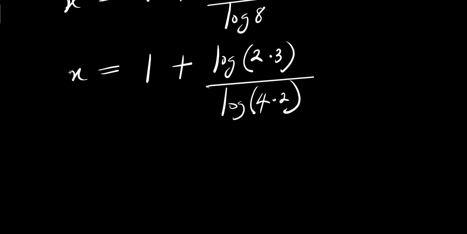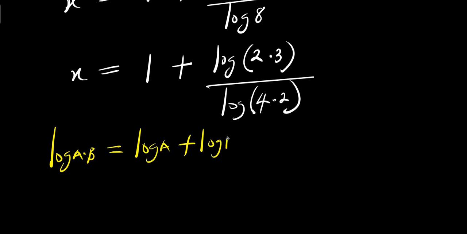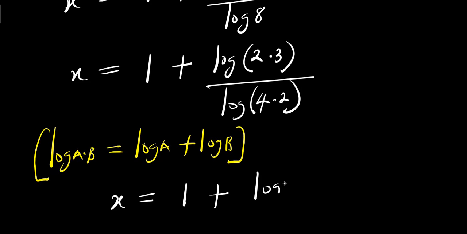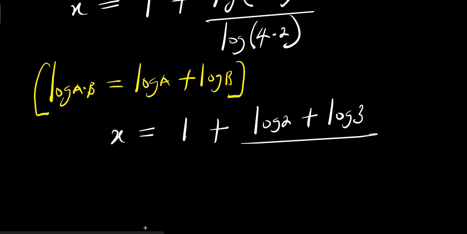So, remember, log a times b equals log a plus log b. Right here we have x equals 1 plus log 2 plus log 3 divided by log 4 plus log 2.